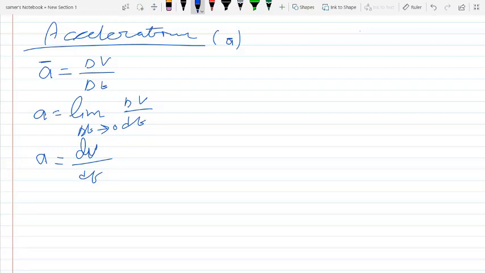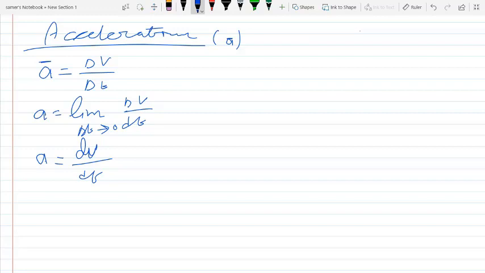The acceleration in one-dimensional problems is either in the direction of the velocity or opposite to it. So we can check that by calculating the acceleration to determine whether it is in the direction of velocity or opposite to it.